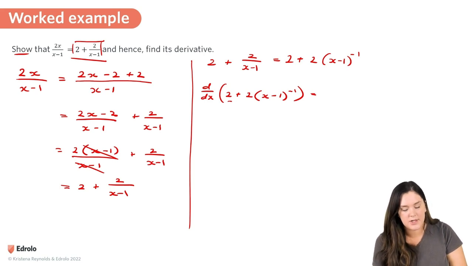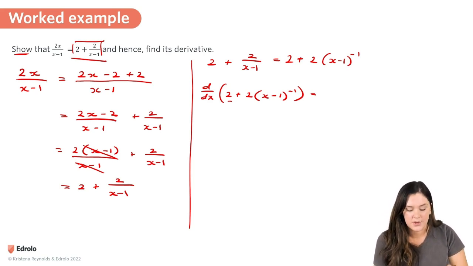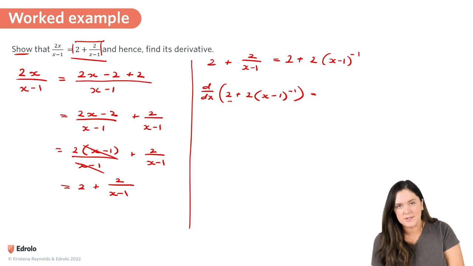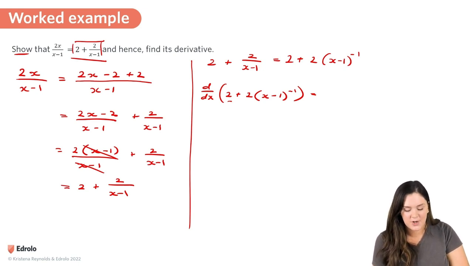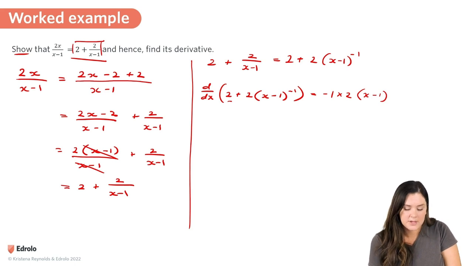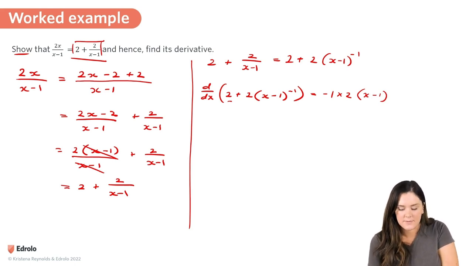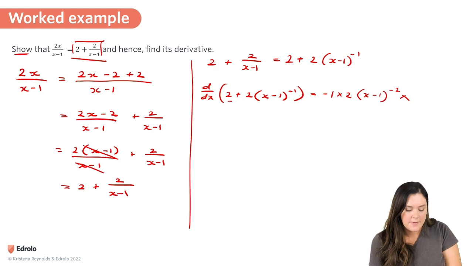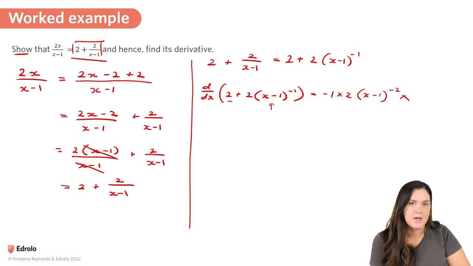So firstly, this 2 here, there's no x there, so I'm just going to ignore that. I'm going to use the quicker version of the chain rule. So I bring the -1 to the front there, so -1 times 2. I rewrite my bracket as normal, and then I take away 1 from the power there. So -1 take 1 becomes -2. And now I multiply by the derivative of what's on the inside of that bracket there.